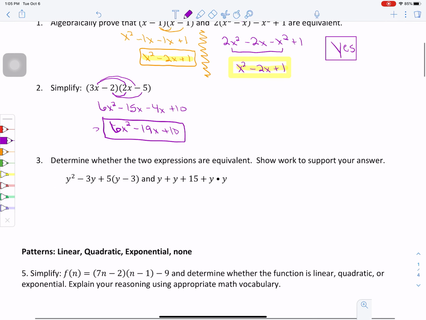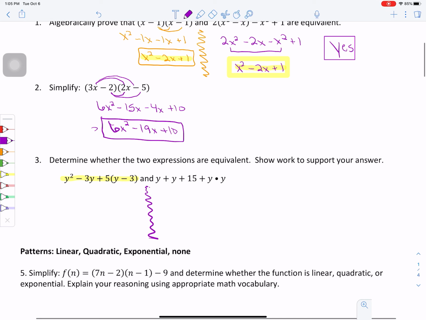Problem number 3. Determine whether the two expressions are equivalent. Show your work to support your answer. We're going to do the same thing we did in number 1. So we're going to first start off by simplifying this side. Okay? So that leaves me with a y squared, a minus 3y.